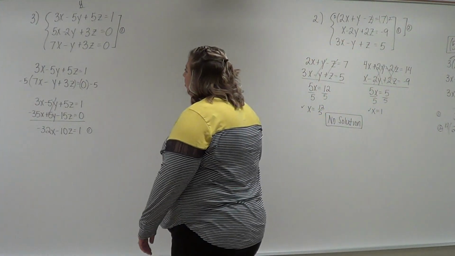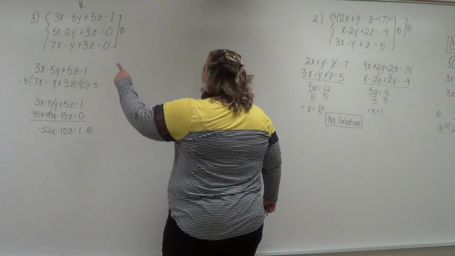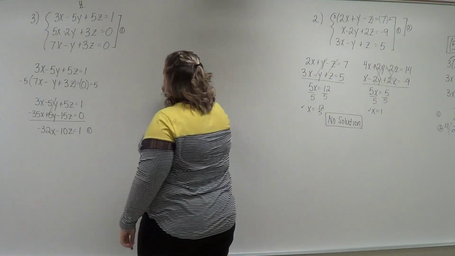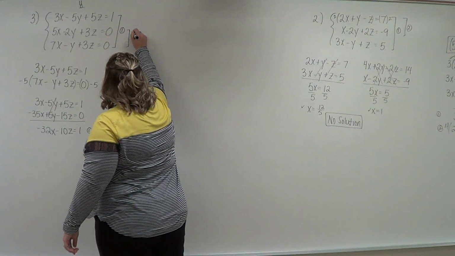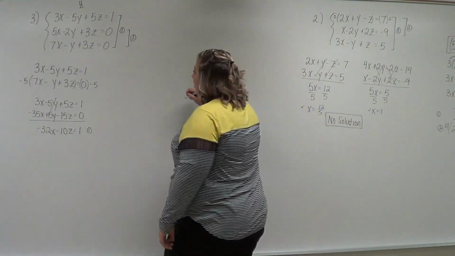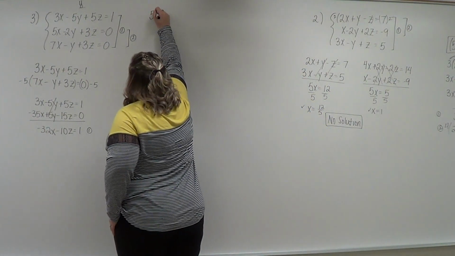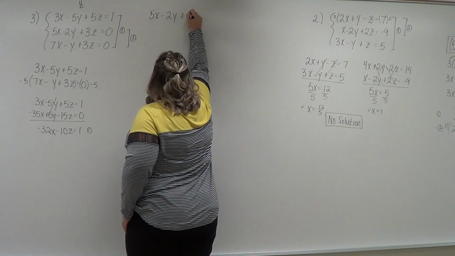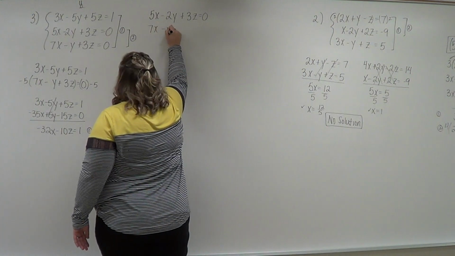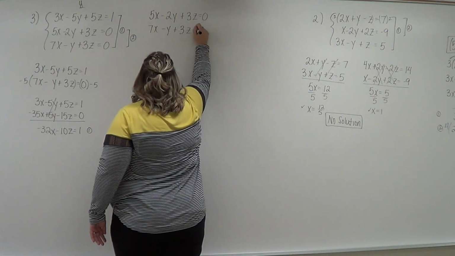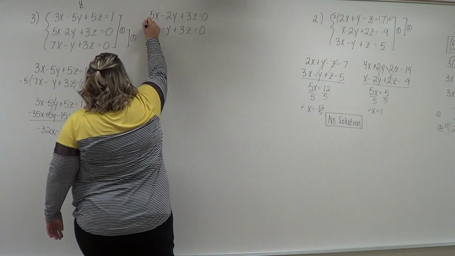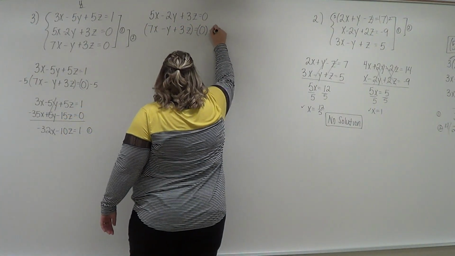Okay, then I need to find another way that I can cancel the y's. So I could either do the first two together, or I could do the second and the third one together. I'm going to do the second and the third one together, just for the same reasons. This is already a y, so less I have to multiply by it. So 5x minus 2y plus 3z equals 0. This was 7x minus y plus 3z equals 0. If I want the y's to cancel, I'm going to have to make this one a +2, so I'm going to multiply it by -2.